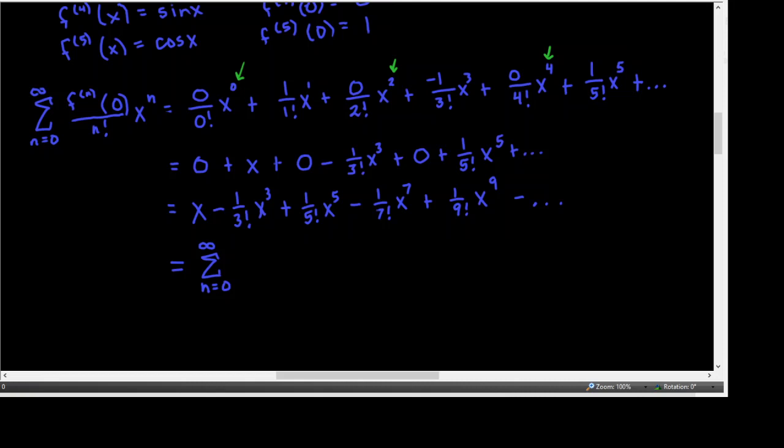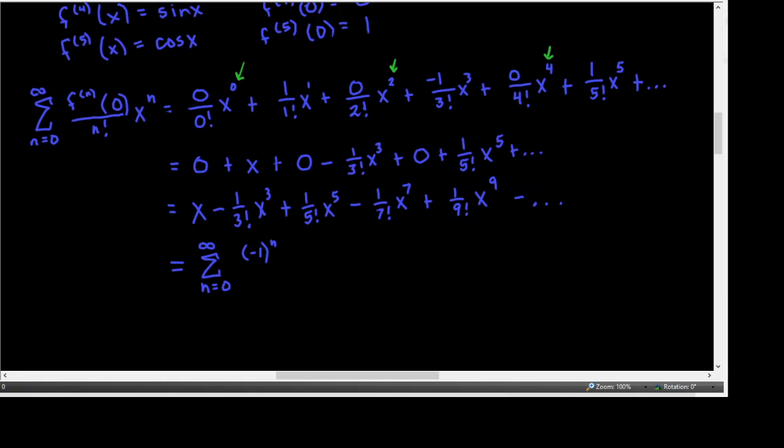So realizing that the signs alternate, we need -1 raised to a power. And I'm going to start with n and see if that works out. I'm thinking that'll work because when I put in 0, -1 to the 0 is going to be 1, which means the first term will be positive. And of course the first x there is positive, so I think that's good.